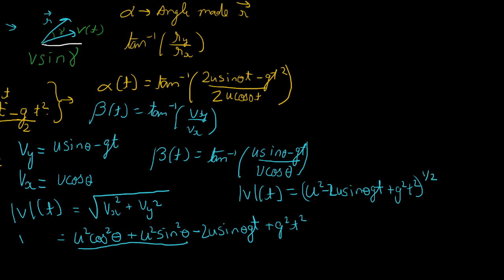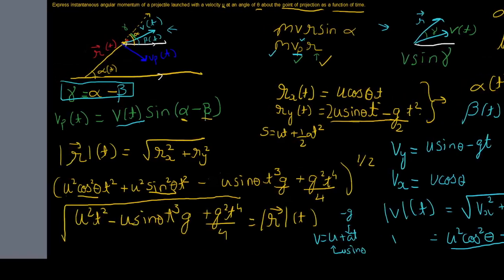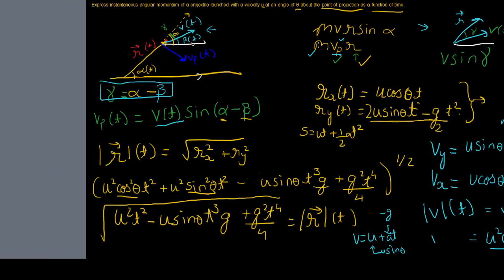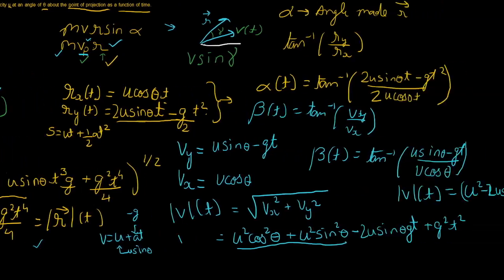Now let us see if we have all the required things. So we have the mass, we have the magnitude of the velocity vector, we know the value of alpha and beta as a function of time, and for the position vector, we know the magnitude of the position vector also. Now we can find the angular momentum, we can derive an expression for it.